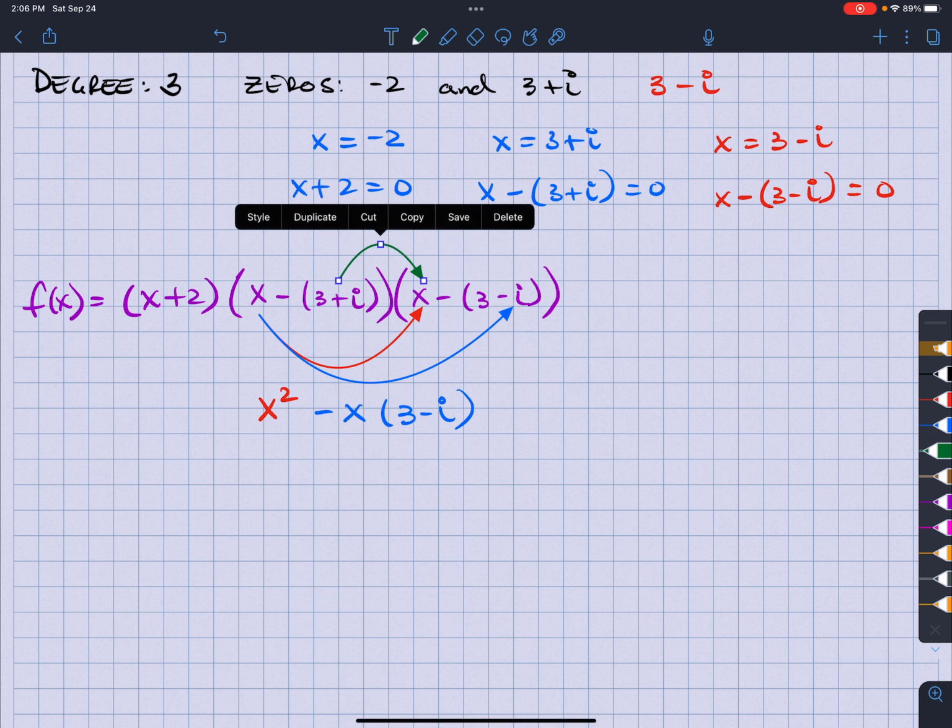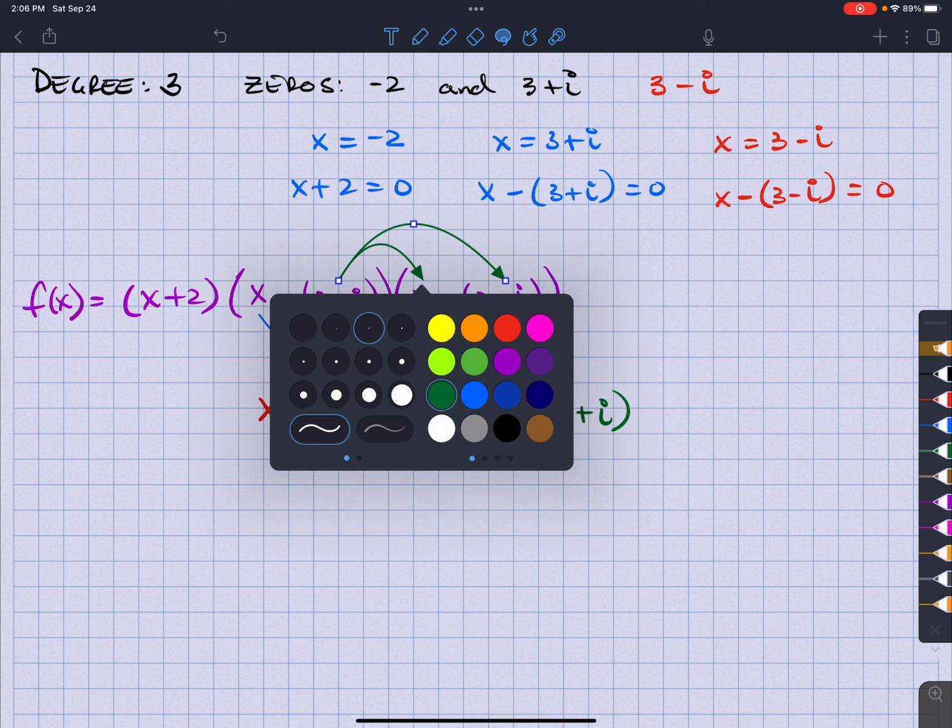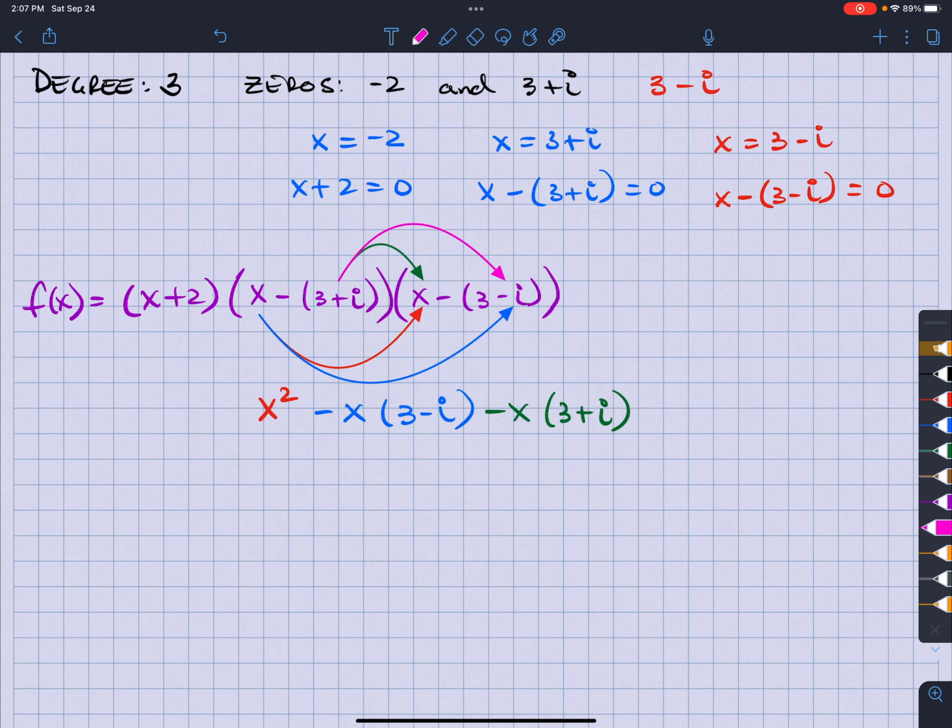Since that's in green, that's going to be a minus x times 3 plus i. And then we'll make it pink. That's going to be positive because it's negative times negative, and that's going to be a 3 plus i times a 3 minus i.